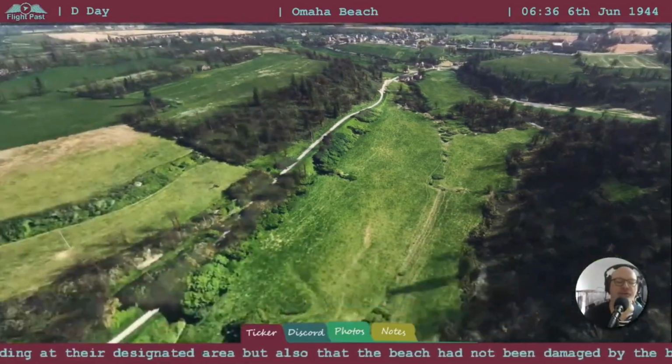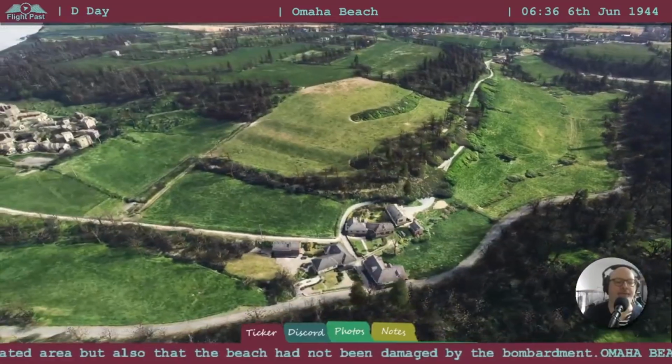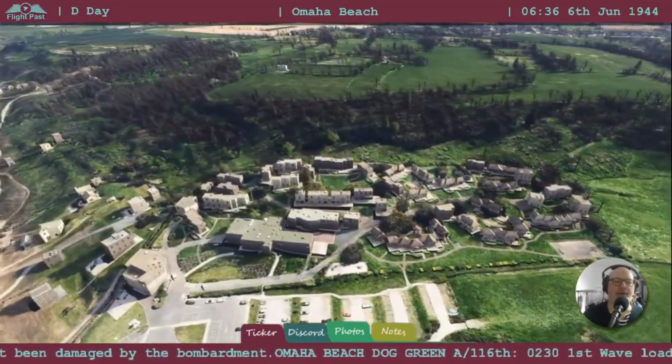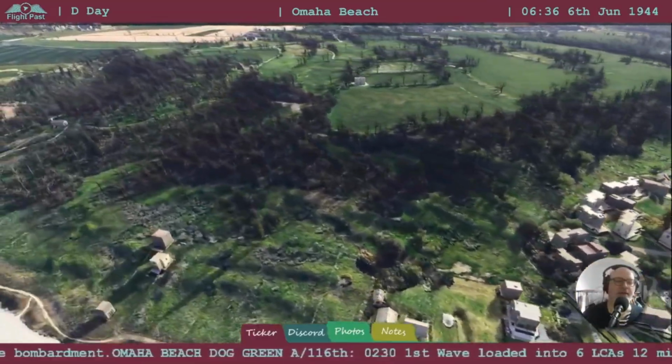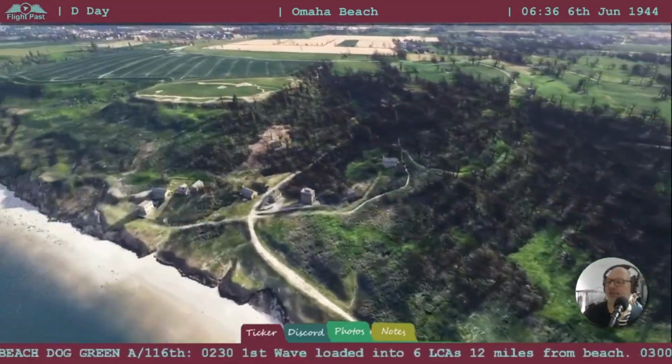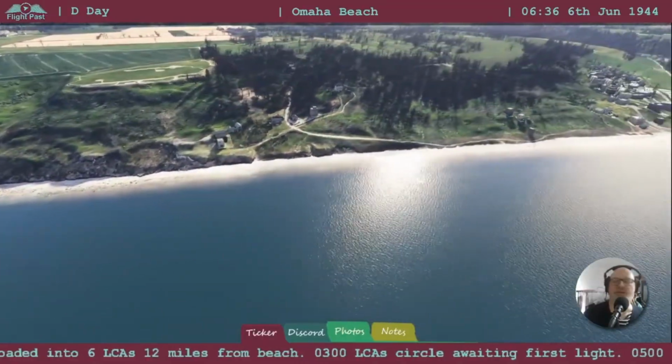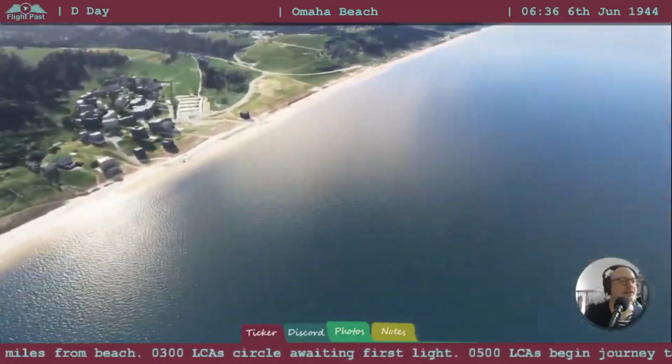And then you've got 61 on this side here, and 60 eventually up here. So this is Fox Red. You then have Fox Green and the Easy Red.